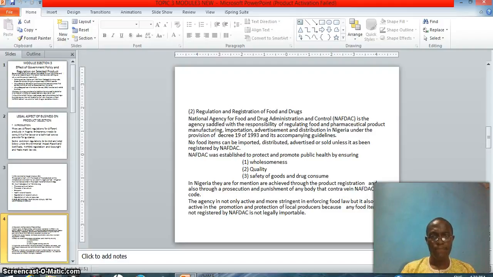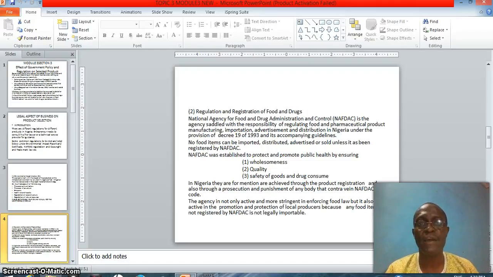Manufacturing, importation, advertisement, and distribution in Nigeria are under the provision of Decree 19 of 1993 and its accompanying guidelines. No food item can be imported, distributed, advertised, or sold unless it has been registered by NAFDAC.